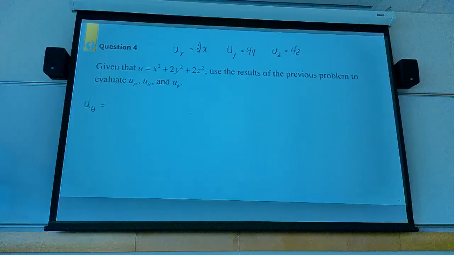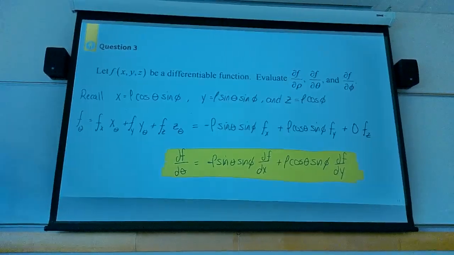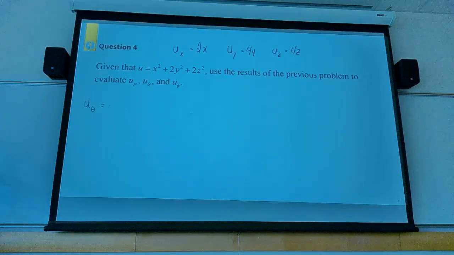U theta next. There's what we're looking at, right? There's negative rho sine theta sine phi times u sub x plus rho cosine theta sine phi times u sub y.